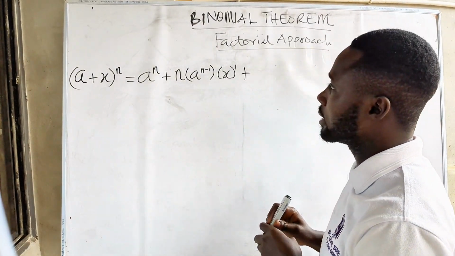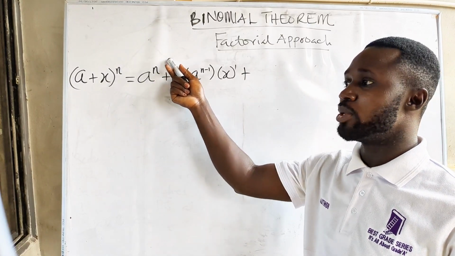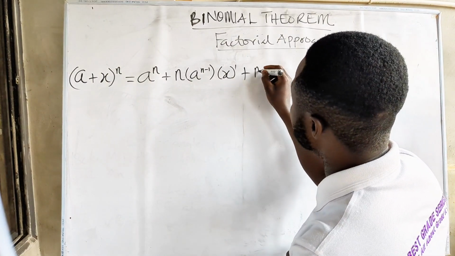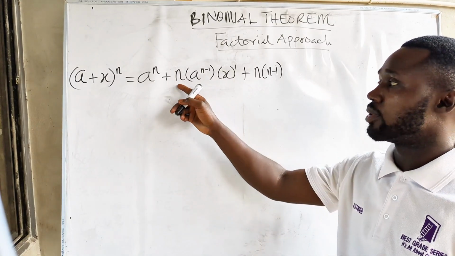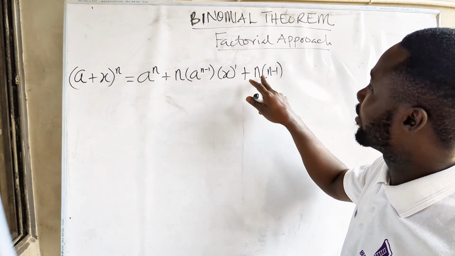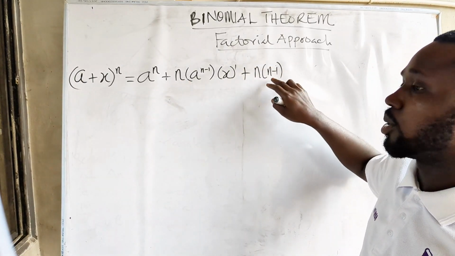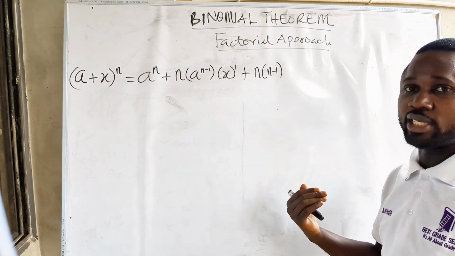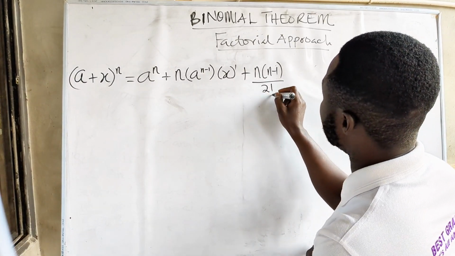Plus, with the next term, we introduce the factorial approach for the n. It will be n multiplied by 1. If it was the combination, that would have been n combination 2. So with the factorial approach, n, then we multiply by n minus 1. As we are going, the multiplication will be reducing, divided by 2 factorial.